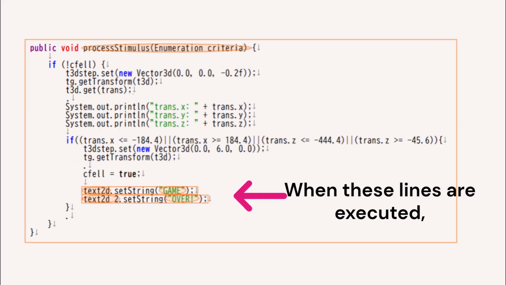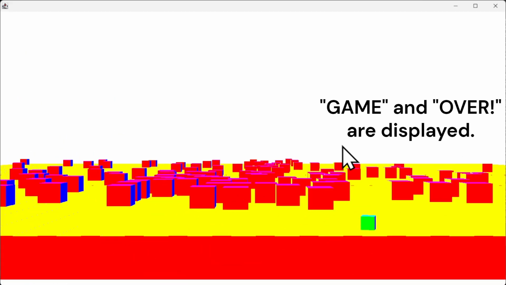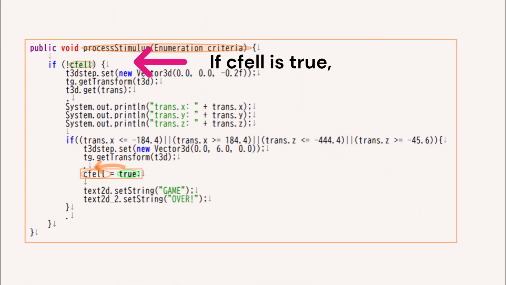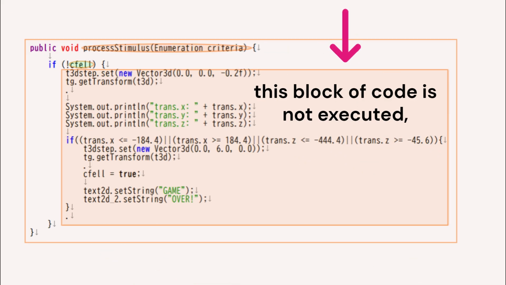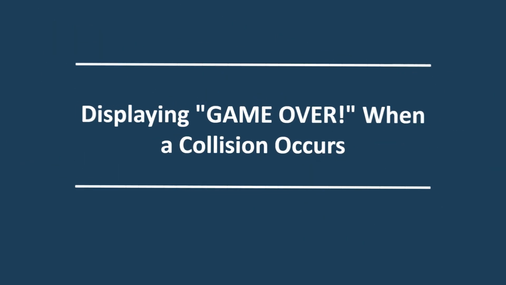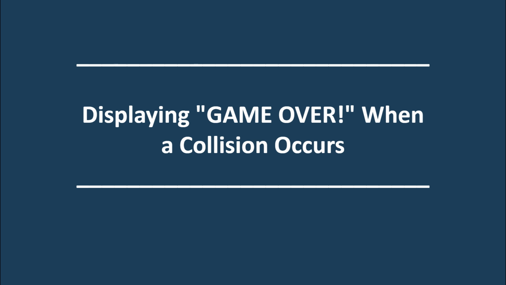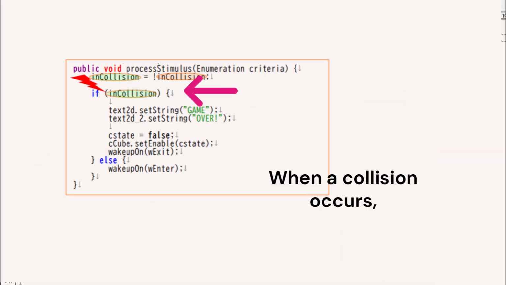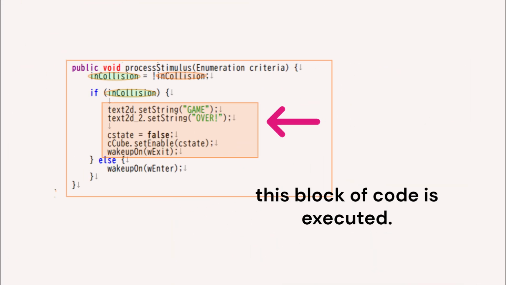When these lines are executed, Game and Over are displayed. If cFell is true, this block of code is not executed, and the cube stops moving, displaying Game Over when a collision occurs.